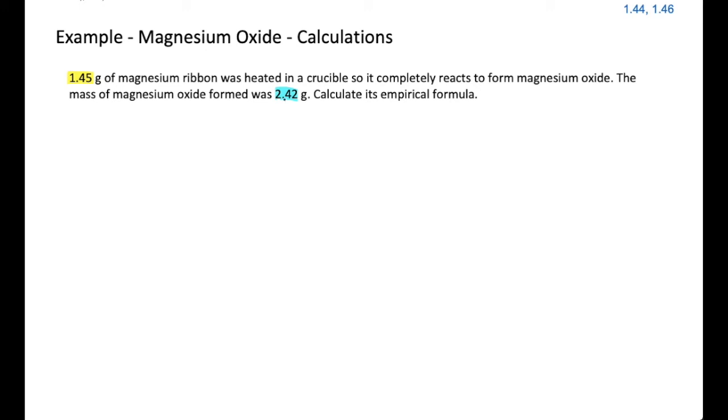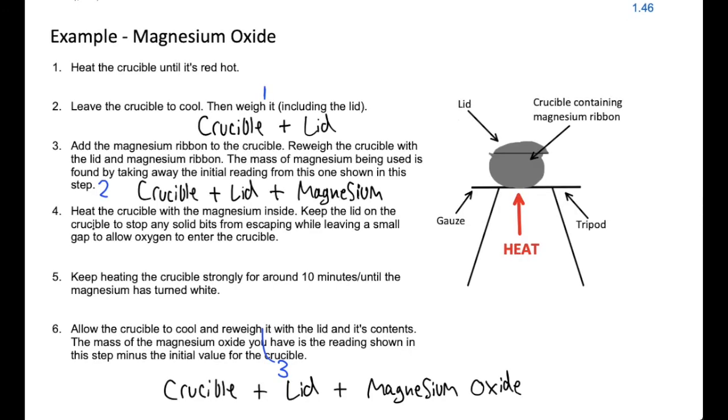Now this mass that we get at the end, 2.42 grams, for magnesium oxide is higher than the starting mass of magnesium. So what has happened in between? Why has the mass increased? Well, if we take a look at step 4, what we do while we're heating the magnesium is we keep the lid on the crucible, but we leave a small gap which allows oxygen to enter the crucible. Now let's be clear.